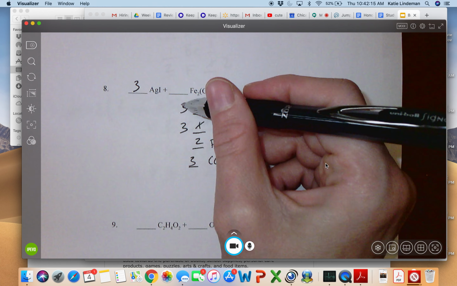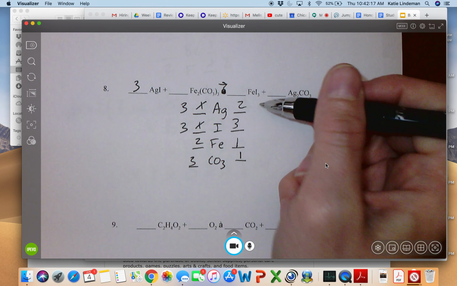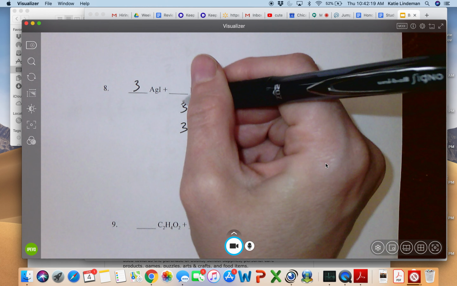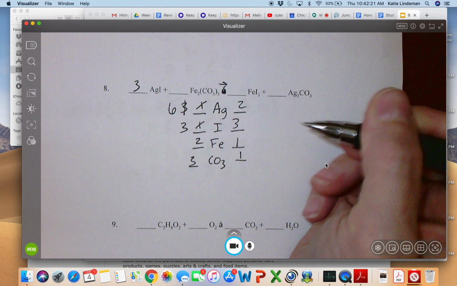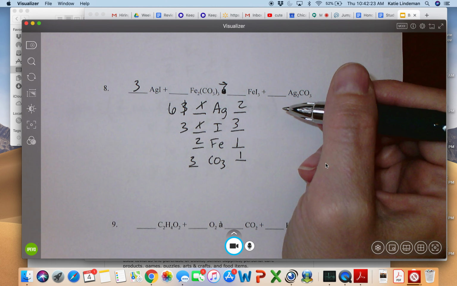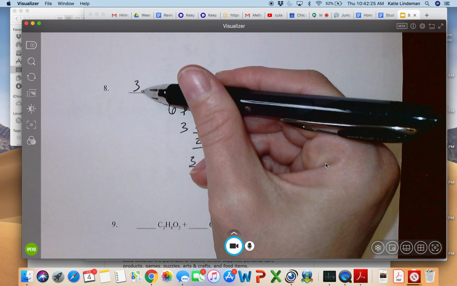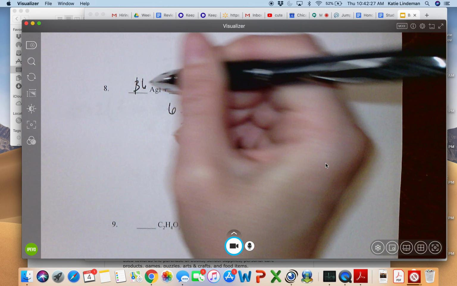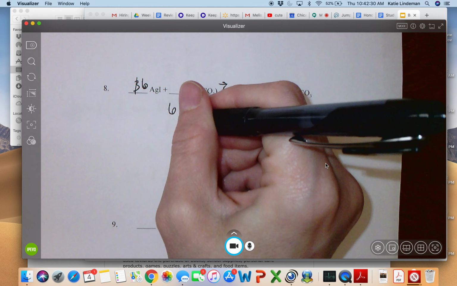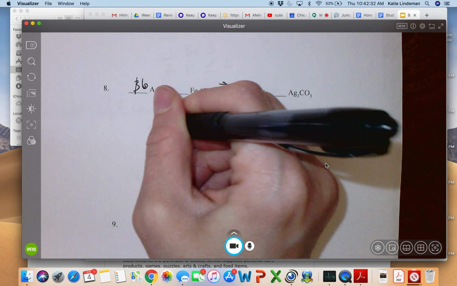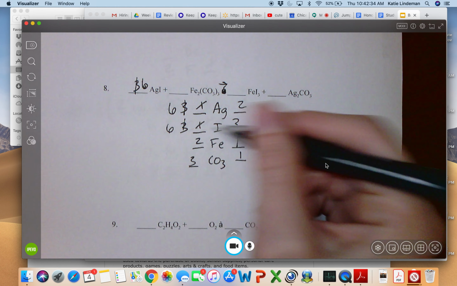Okay, so the least common multiple of 3 and 2 is 6. So I need to make this a 6. And I'm going to do that by multiplying this 3 by 2 and having this be a 6. Okay, so that also changes my iodine to a 6, which I'm going to worry about in a second.